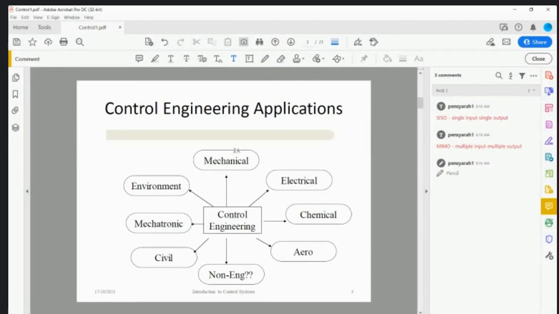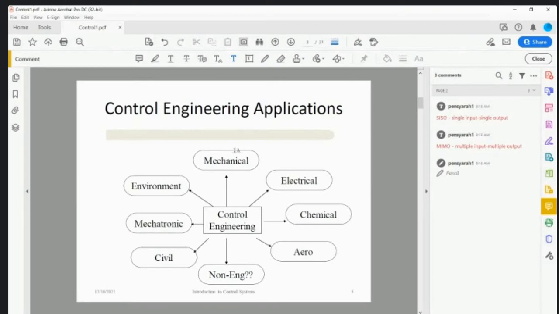Even nowadays we have autonomous cars, where the system allows the car to be controlled autonomously, without intervention from a human. And of course, a car is actually a combination of mechanical, electrical, and mechatronic.